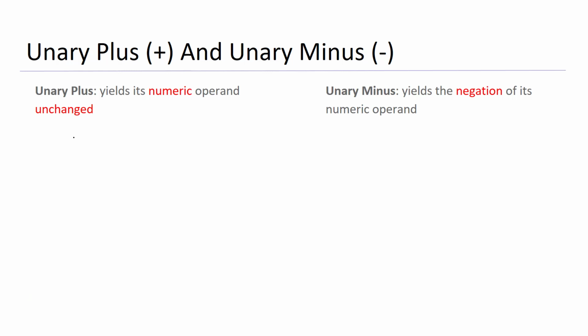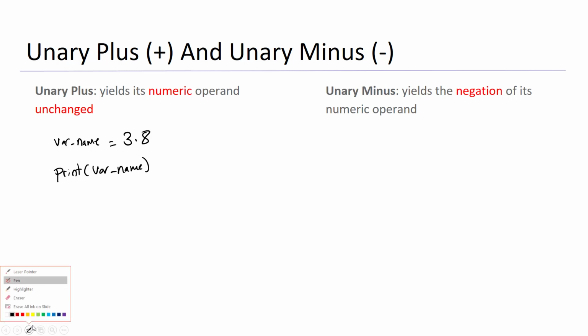Let's say I have a variable, var underscore name, and this var underscore name contains the value 3.8. If you do print plus var name, because I need to add the operator, what you get in the output is the following.